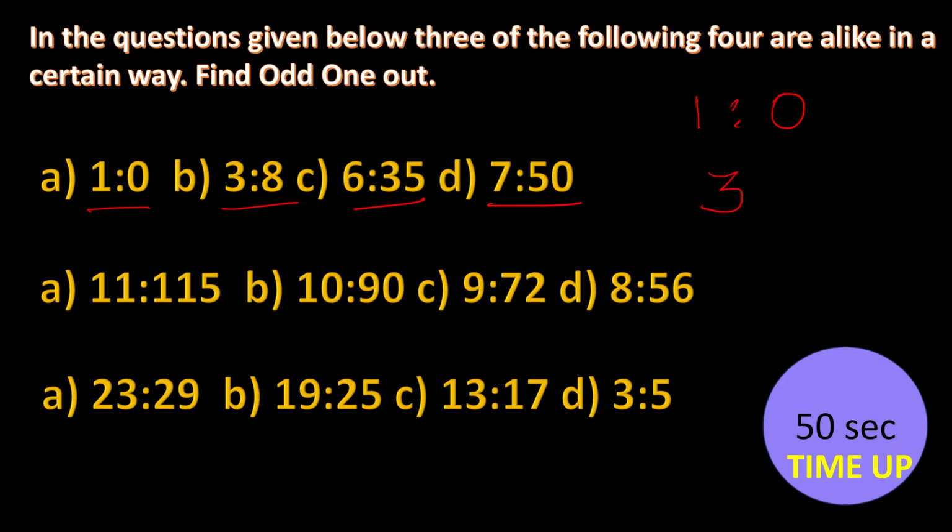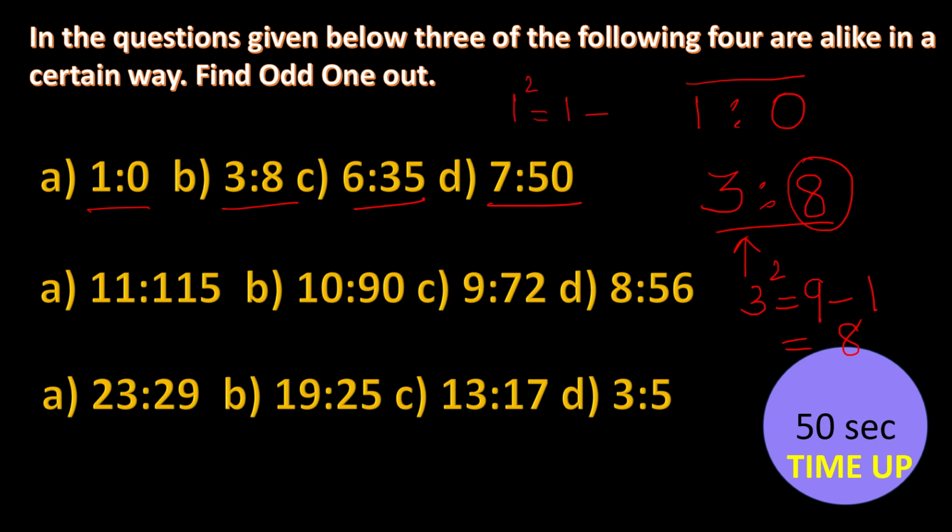Go for second option, that is 3 is to 8. So if you take 3 square, 3 square is 9. 9 minus 1 will give you 8. Correct? 8 is coming. Similarly, go for this number. 1 square is 1. Minus 1 we need to do. You'll get 0. So same logic.